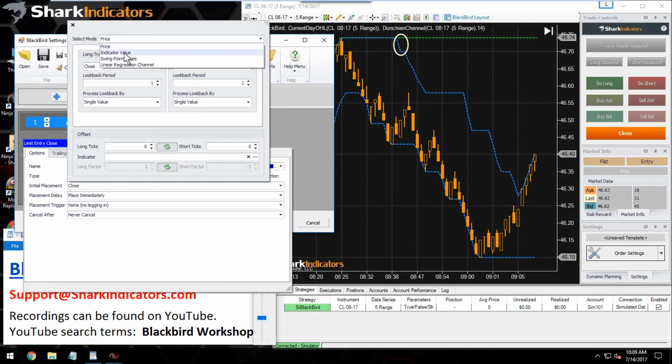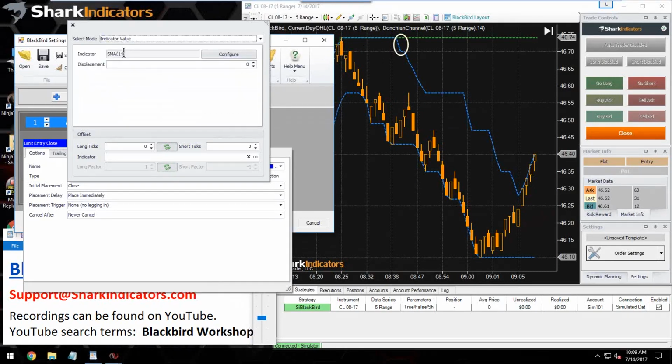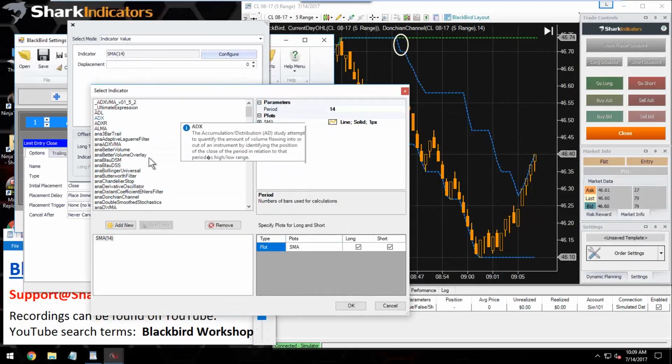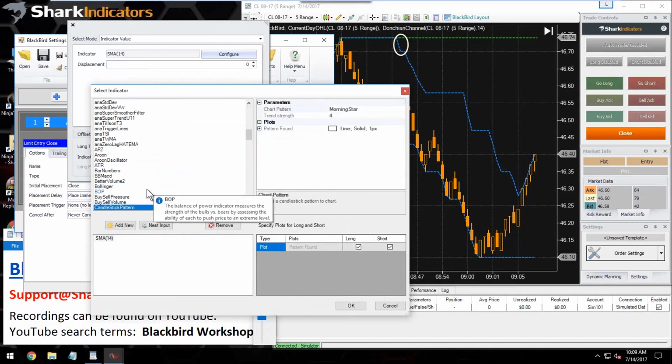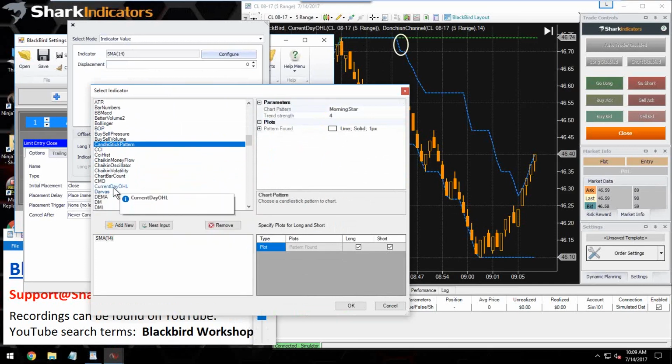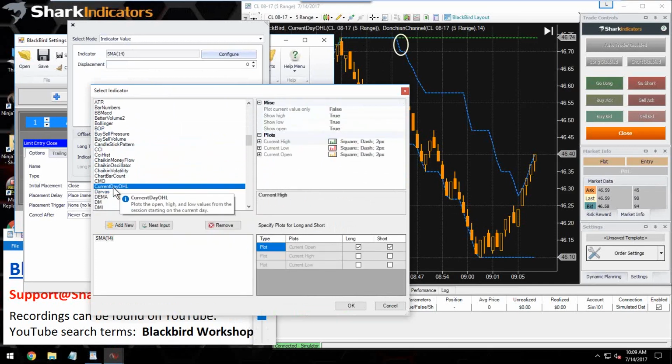So we're going to use an indicator value to set the price for this limit entry order here. So let's go find the current day open, high, low. That's what's being used.